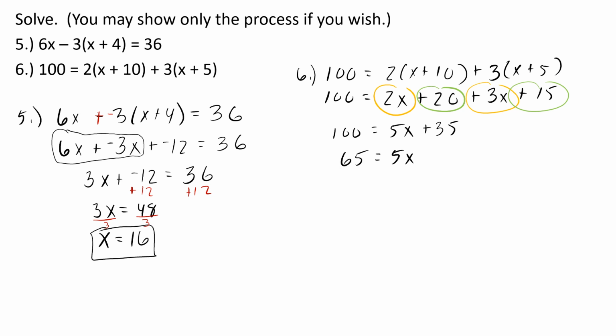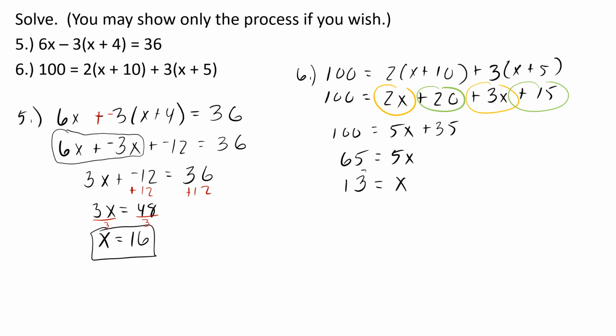And then here I have multiplication, so I would undo that with division. 5 divided by 5 is 1, and 1 times x is just x. And over here on the other side, if I were to take 65 and divide it by 5, I would get 13.